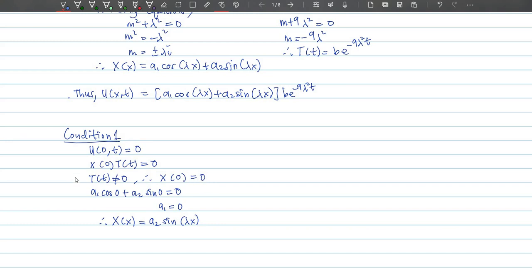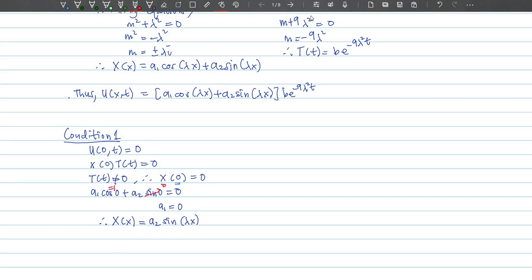Next we substitute 0 in X(x), where it will be A1 cos 0 plus A2 sin 0. Here sin 0 is equal to 0 and cos 0 is equal to 1. That's why we have A1 equal to 0, and therefore X(x) will be equal to A2 sin lambda x only.